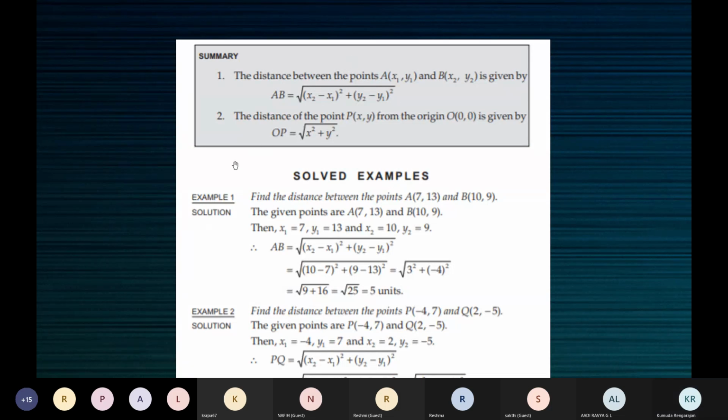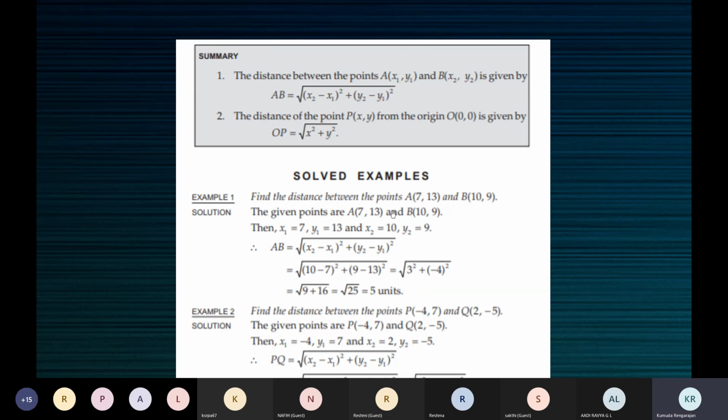Read the summary. All right. So see the first one.